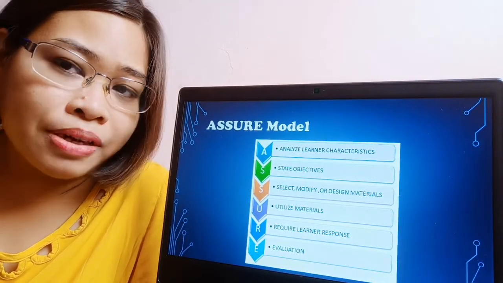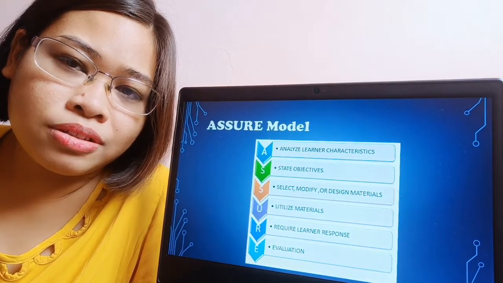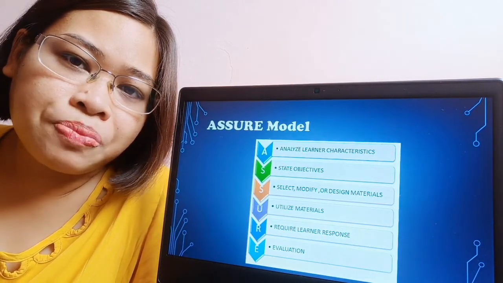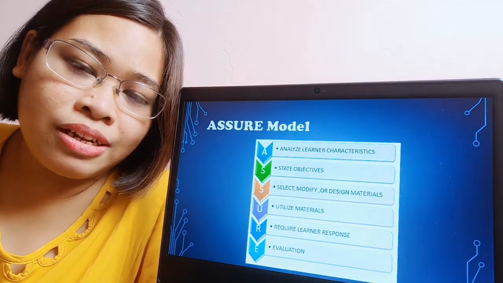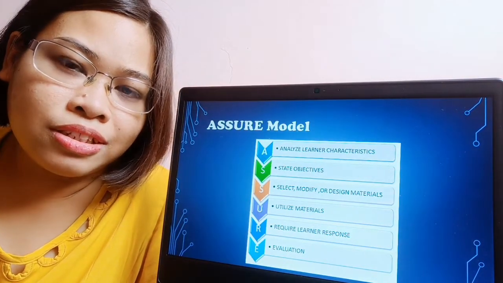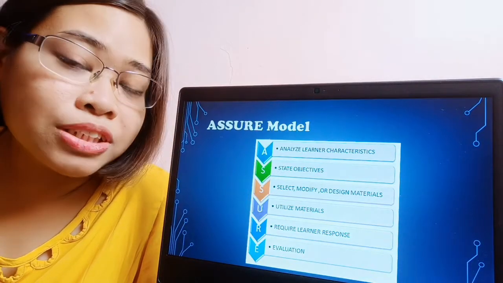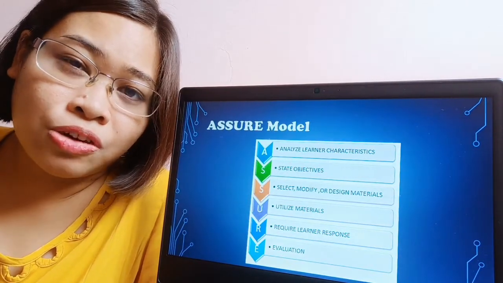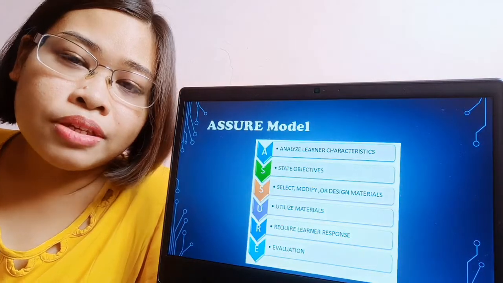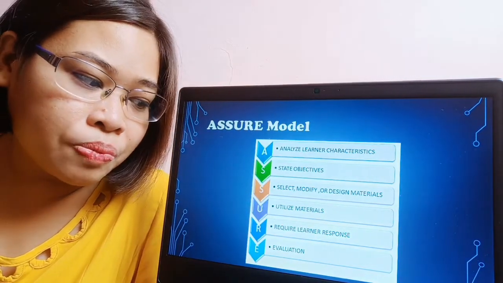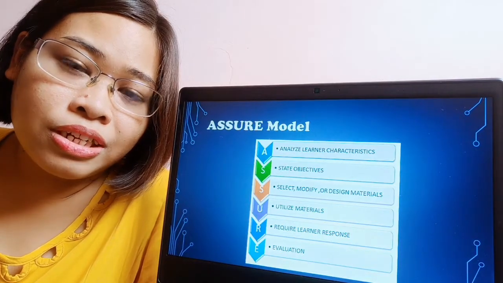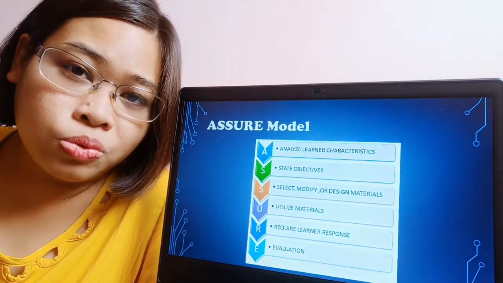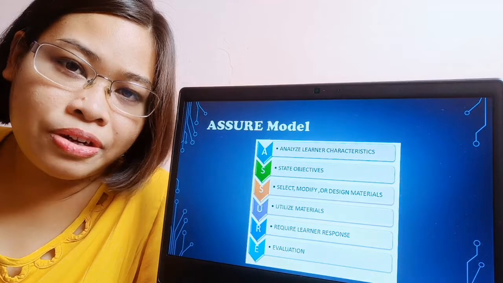Require learner response. This may include activities which help the students to be responsive in the instructional methodology that is being used. And the last one is the evaluation, which is the crucial stage of the model. In this stage, we need to know the impact that the instructional methodology that we have used has on our learners.